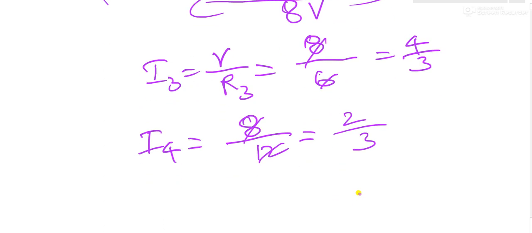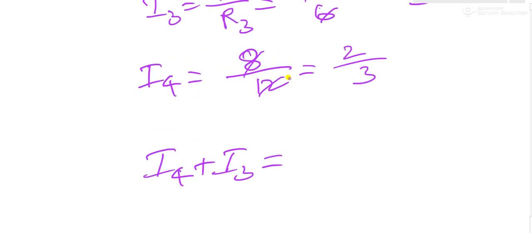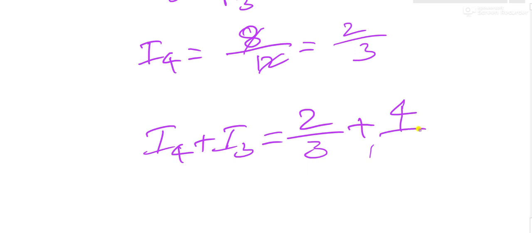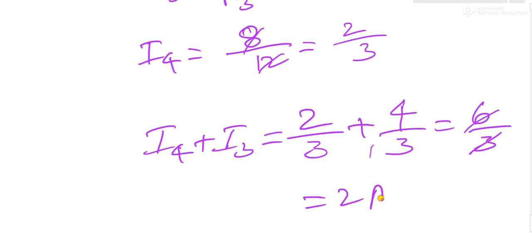Okay. If you add I4 and I3, that's going to be 2 ampere. I4 plus I3, which is 2 by 3 plus 4 by 3. The answer is 6 by 3, so we get 2 ampere.